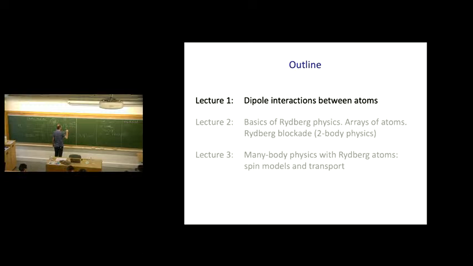So psi 1s, psi 2p. I'm just assuming that. I need to take two states with opposite parity so that there is a dipole. And I just say that the state of the atom is going to be alpha psi 1s plus beta psi 2p. The two have a difference in energy, and therefore I will just write it explicitly as an oscillating term.